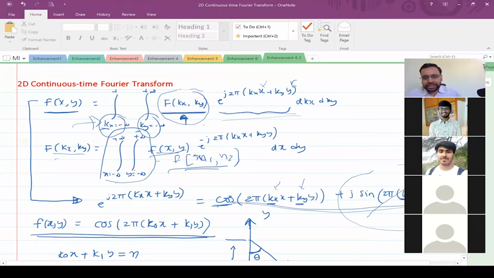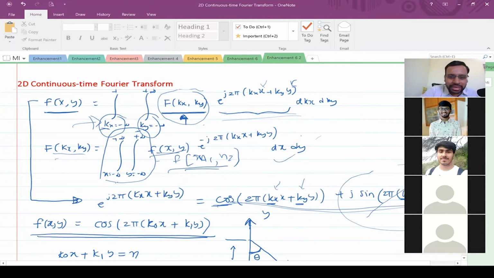Now again, you can't store every frequency, right? Particularly if you want to do something with the computer, you cannot handle all frequencies at once. So how do you discretize frequencies now? You can store only discrete values of frequencies.